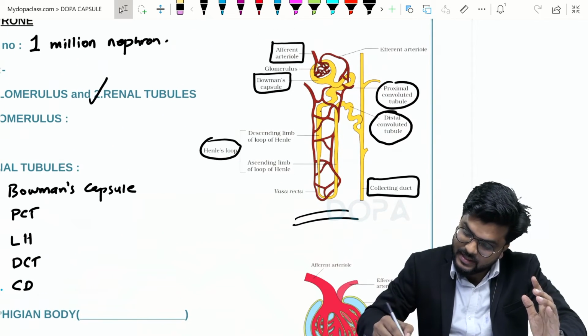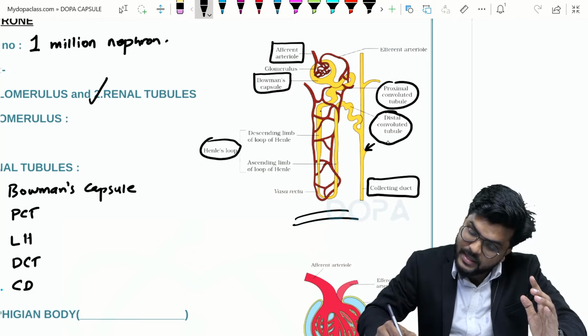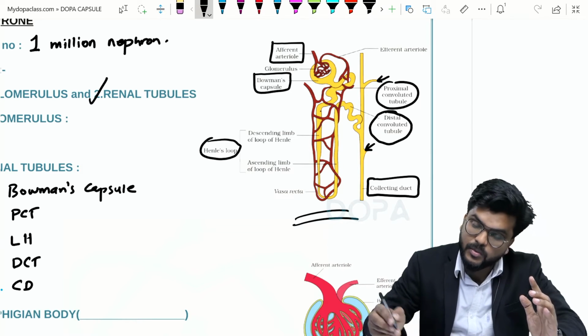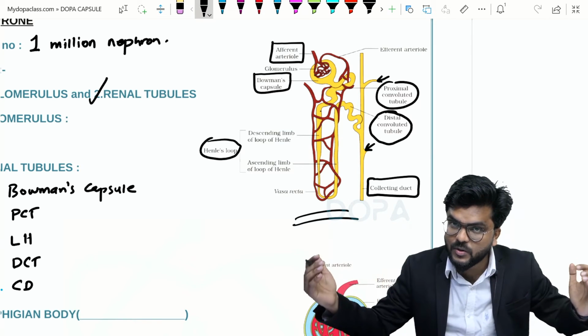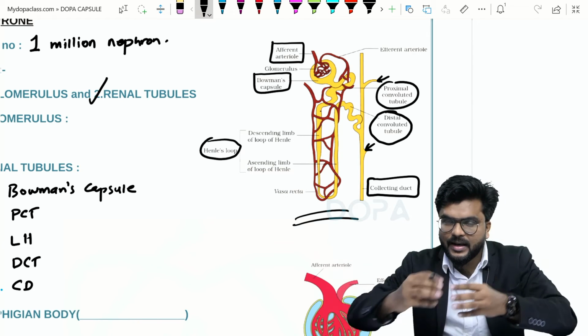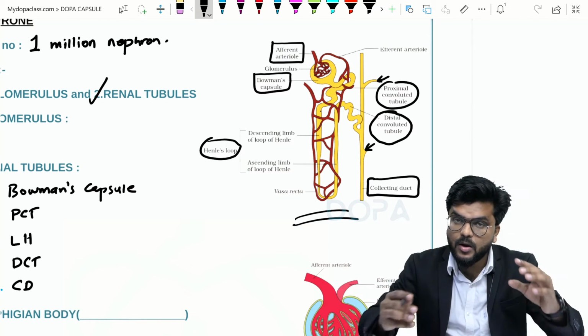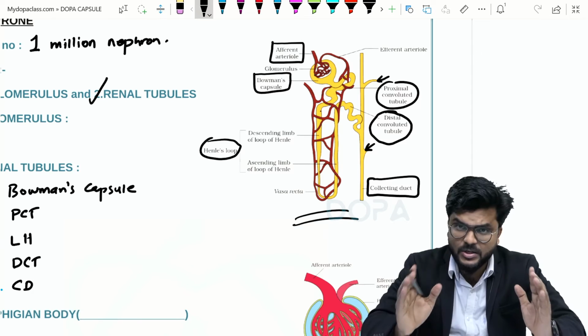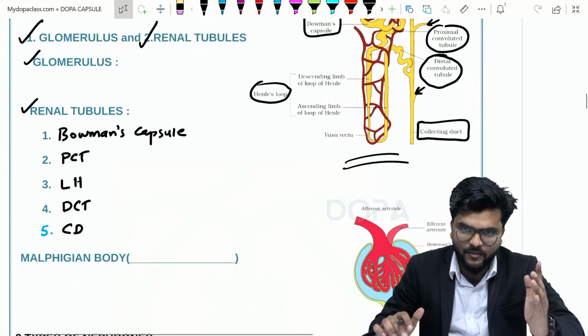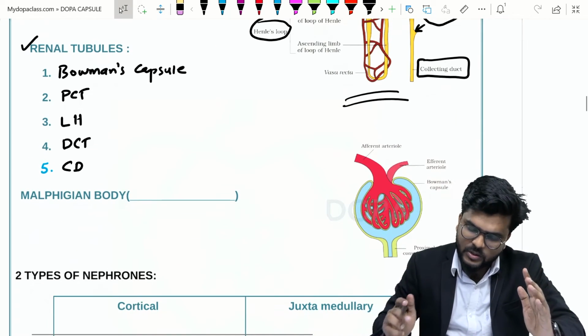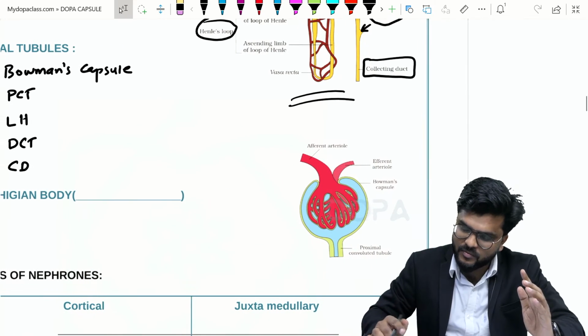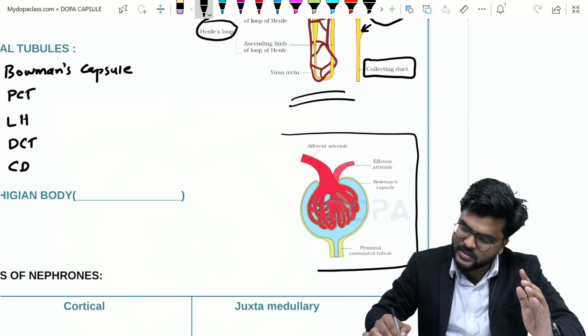Actually, into this collecting duct, many distal convoluted tubules of the adjacent nephrons emerge, and this collecting duct together opens into the renal pelvis, which we have already discussed. The diagram of the Malpighian body is given in your NCERT.